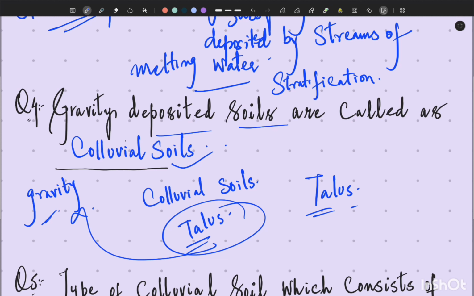So here gravity plays the role of transportation agency. This talus consists of irregular coarse particles, and it's a good source of broken rock pieces and coarse grained soils for many engineering works.